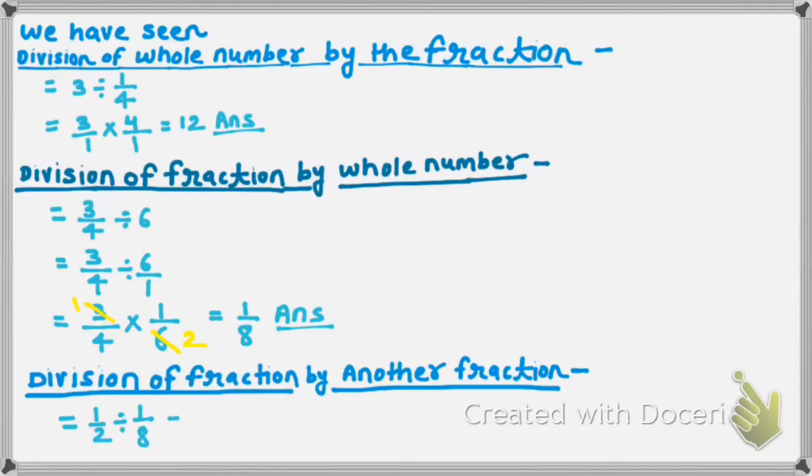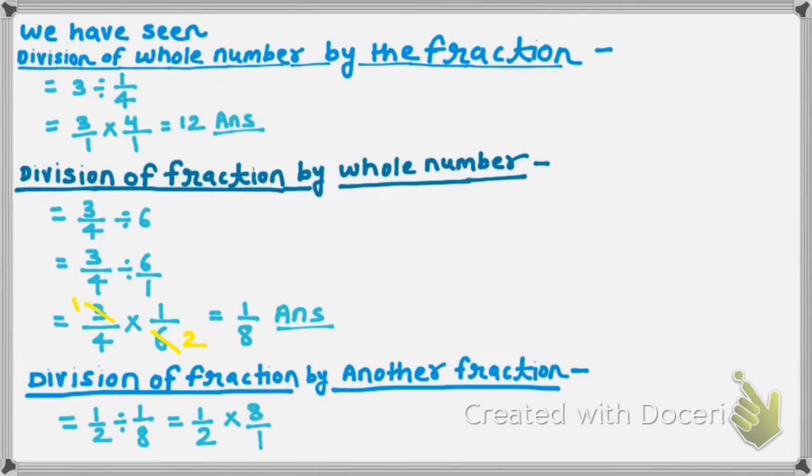So you can see that here there is no whole number, so we do not need to change a whole number into a fraction. After that we'll change the division sign into a multiplication sign, so 1 upon 2 multiplied by 1 upon 8 will become 8 upon 1.